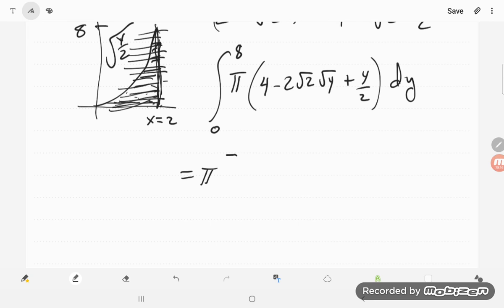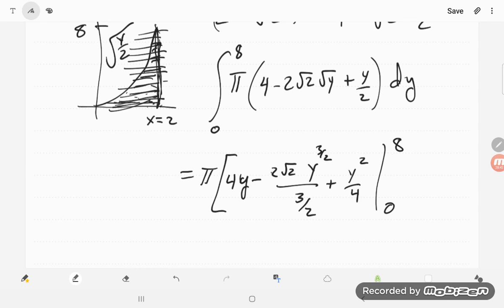I've got pi and then times 4y minus 2 square root of 2, and that was y to the 1/2, so now that's y to the 3/2 over 3/2, and nothing cancels nicely there, plus y squared over 4, and that's from 0 to 8.